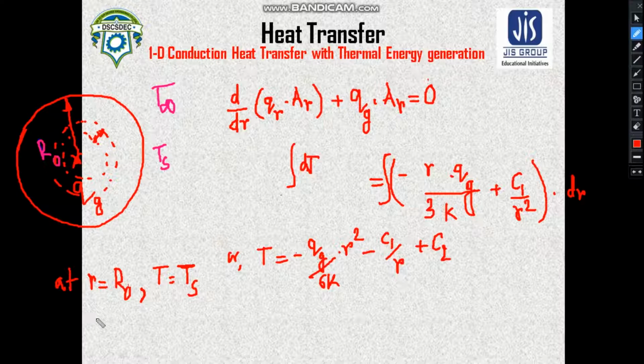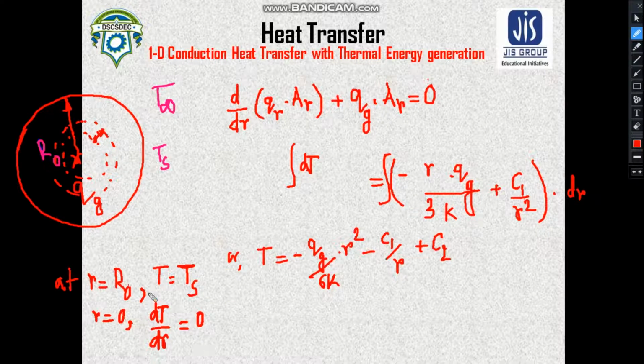That means at the center, at r equal to 0, the temperature gradient dT/dr would be simply 0. Okay, so at r equal to 0, dT/dr would be 0.